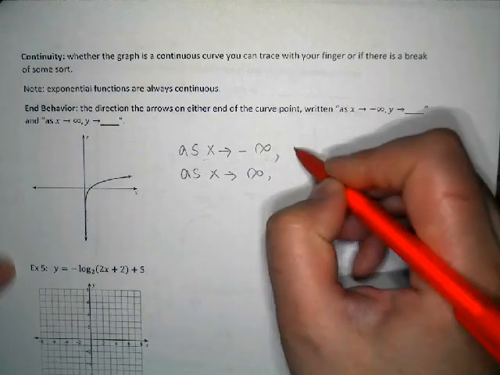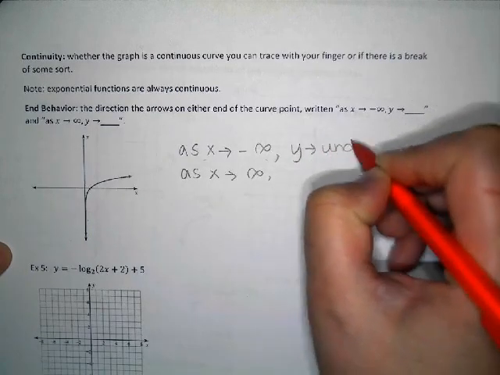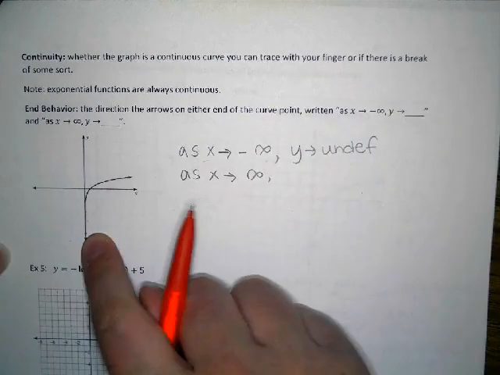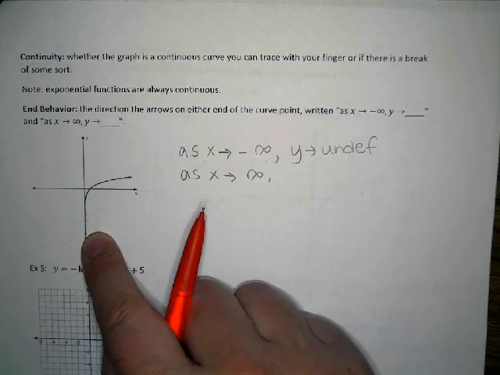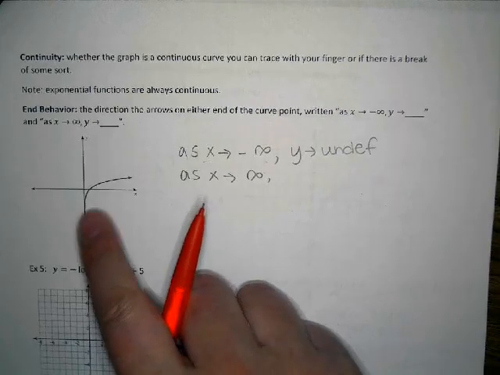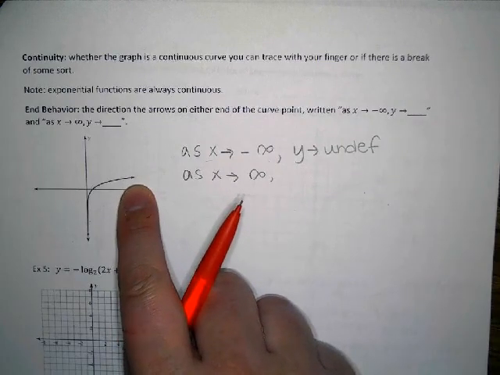We never even got to look at -1. We didn't get that far. Now, when we look to the right, what do you guys notice about the right side? It goes up. So I'm going to say y goes to positive infinity.